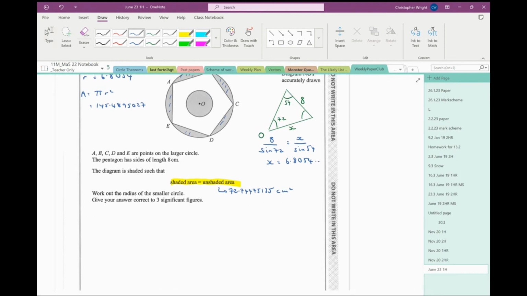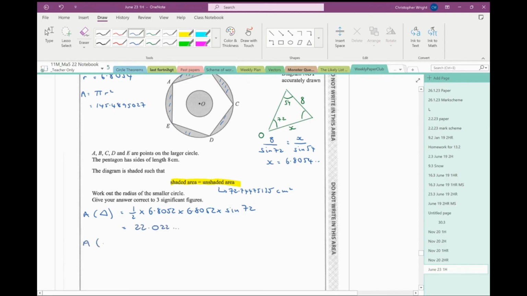The area of one of those triangles is going to be a half times b times c times sine A. So half times 6.8052 times 6.8052 times sine of 72. So the area of one of those triangles is 22.022 and so on.